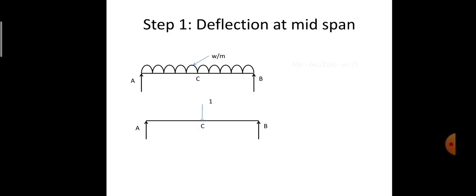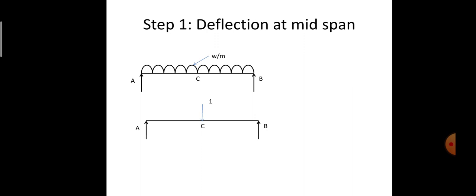So the first step is that I need to convert the load which is given into the unit load. Since the deflection is asked, before determining the deflection I need to replace the load with the unit load exactly at the point where the deflection has been asked.